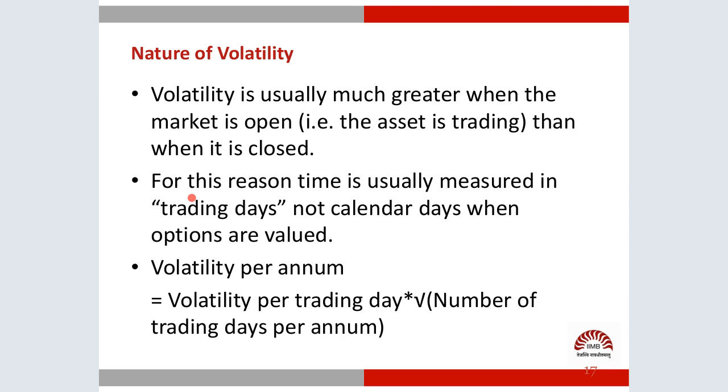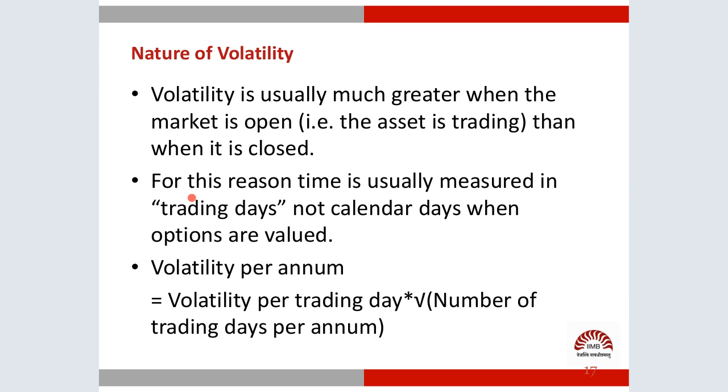There is also this thing that comes in, which is volatility is obviously much greater when the market is open than when the market is closed. When the market is open, the asset is trading, and if the asset trades, the volatility is typically much higher. If the market is closed, then the volatility will not be as high. And this is the reason why the measurement is typically done in trading days and not in calendar days.